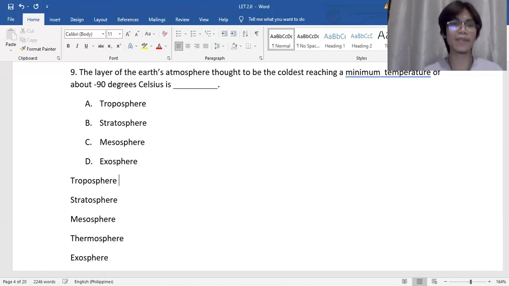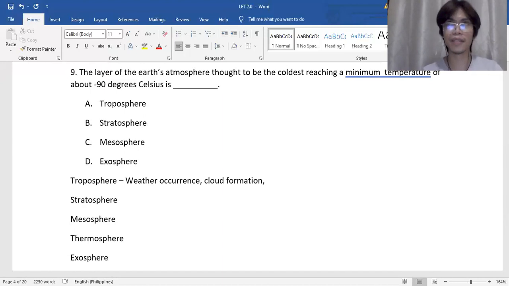Let's take a look at the different layers of the atmosphere for now. Troposphere. What is our clue word for troposphere? This is weather occurrence. And we also have, of course, cloud formation.